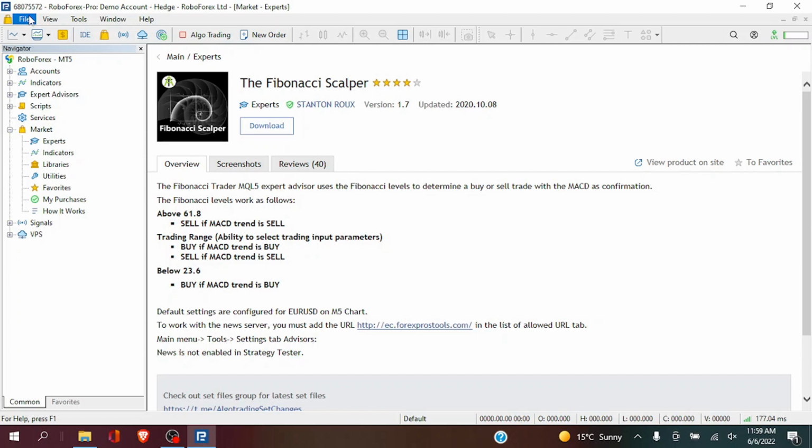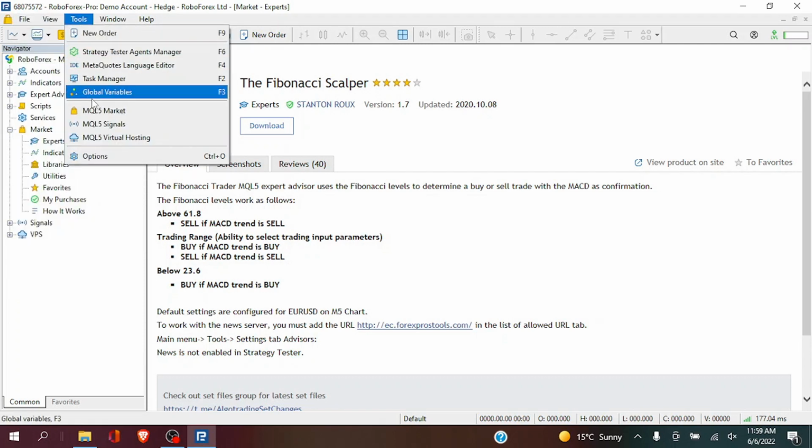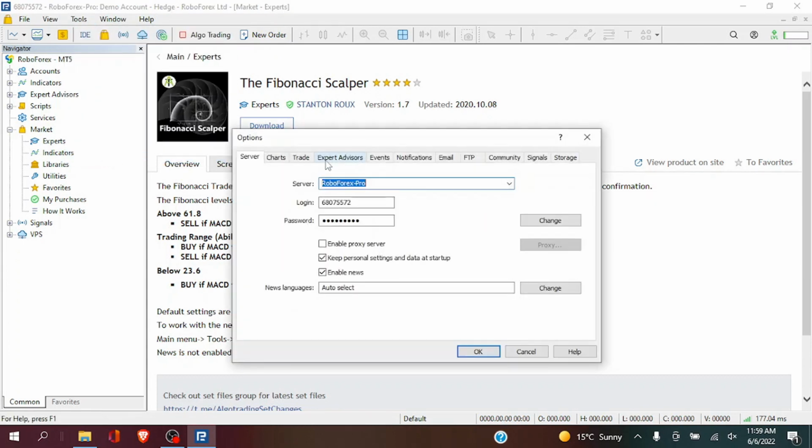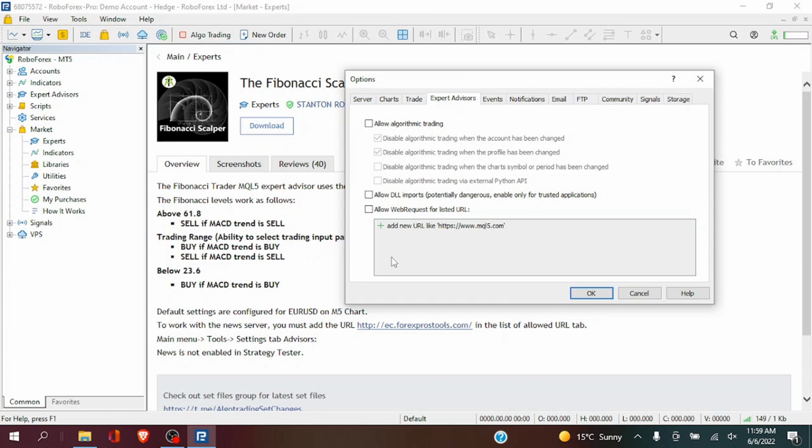What we're going to do is go to main menu, tools, options, and under options we're going to select expert advisors. Now under expert advisors we're going to add the URL provided for the news filter.